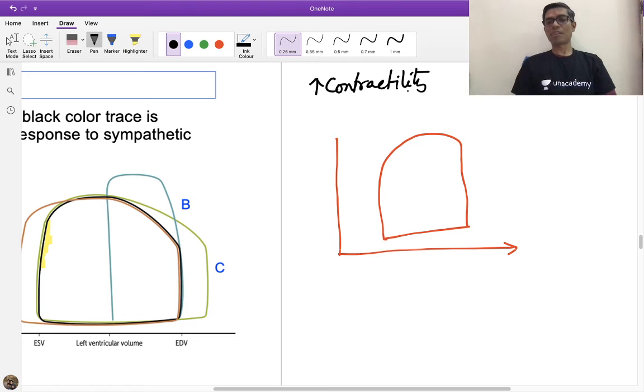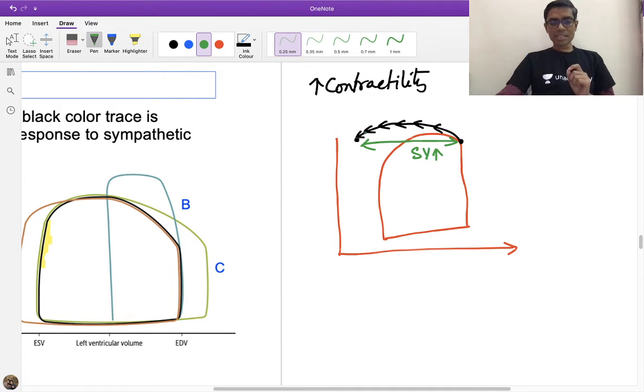It increases. Whenever there is an increase in ventricular contractility, this ejection will continue for some more time. Because of this continuation of the ejection, the stroke volume increases, that we know. So the ejection is continuing for a longer duration, and because of that the stroke volume increases and the curve will look like this.